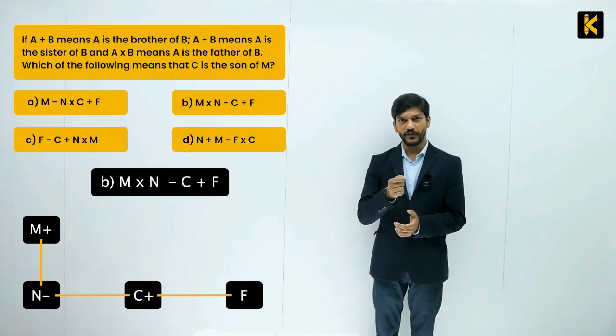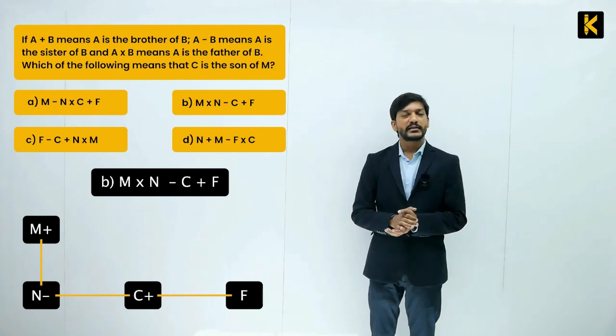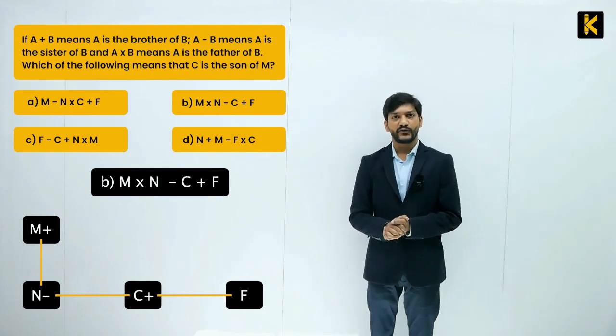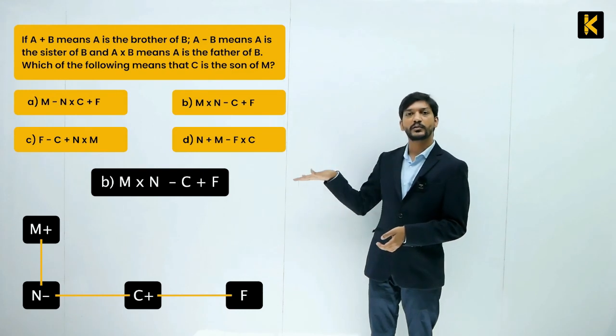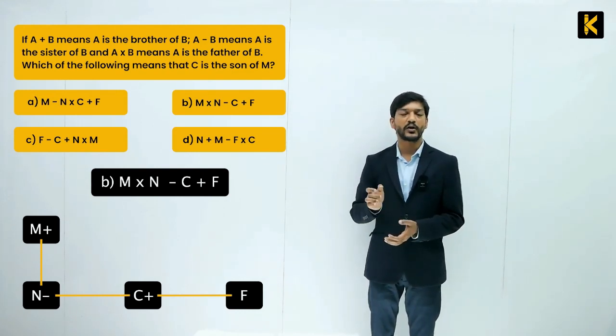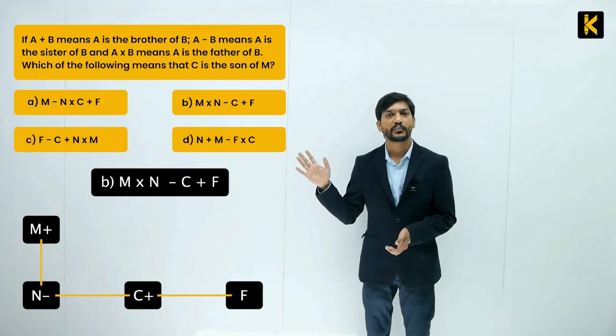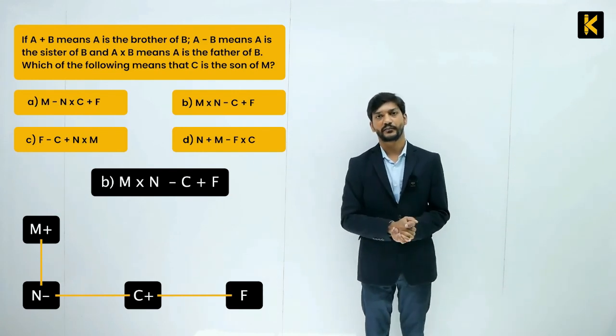If you carefully observe, this N, C and F all are there on the bottom side. Between them there is a single line drawn. So that means N, C, F are brothers and sisters.